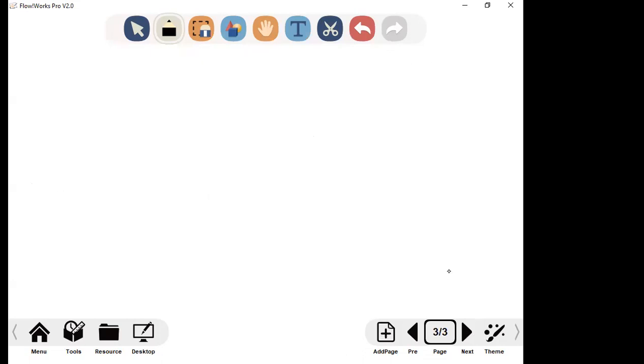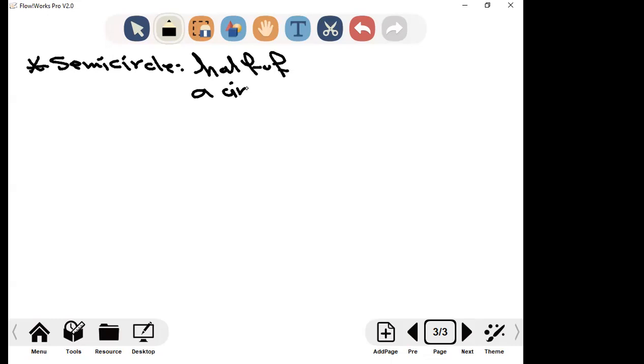Now we have a circle and we have half of the circle. Half of the circle we call a semicircle. Focus with me now. Semicircle.